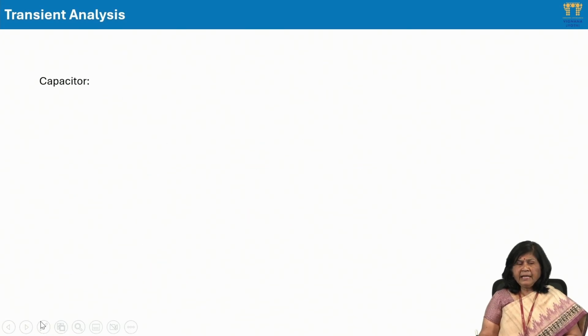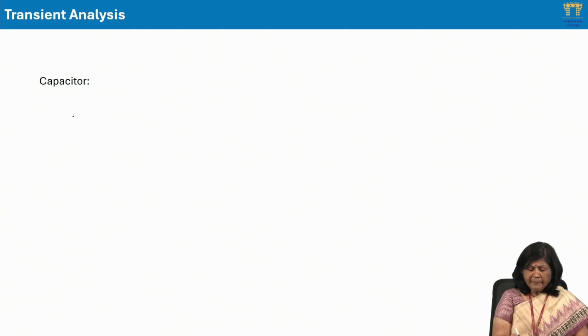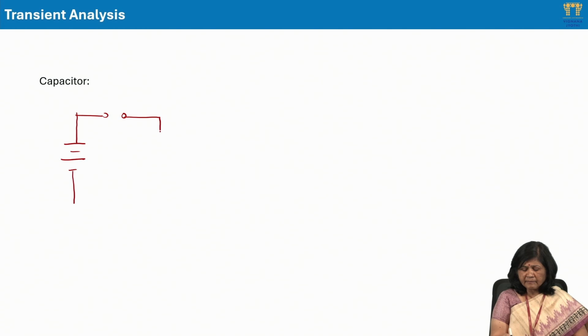Now coming to the next element, the capacitor. For the capacitor, again we will take the DC source and take a capacitor like this.